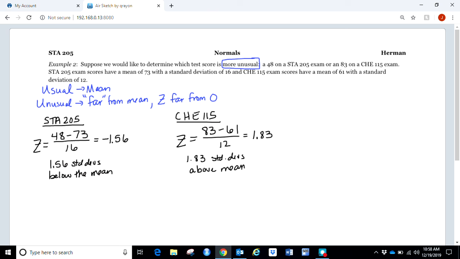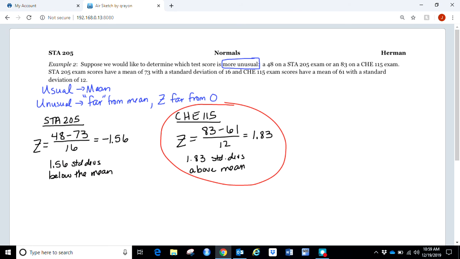But as soon as I said unusual, notice here I didn't say anything about a direction. I don't care if I was really above the mean or below the mean. That really isn't important to me to figure out which score was more unusual. So really, I'm just looking at these two z-scores and figuring out, well, which one then is further from 0? That is the one that is more standard deviations away and thus is more unusual.